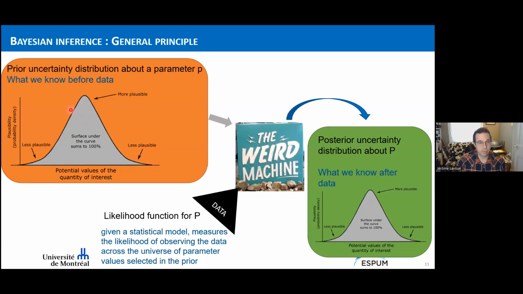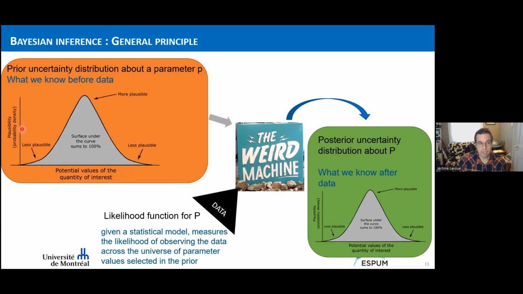I put the same little explanation of how to interpret a density curve as yesterday. So we draw this uncertainty distribution with a shape where the densest parts reflect values that we think are very likely, and parts where the density is low, like here and here, reflect values that we think are very unlikely. Here I drew a symmetrical bell shape, but you could draw anything.